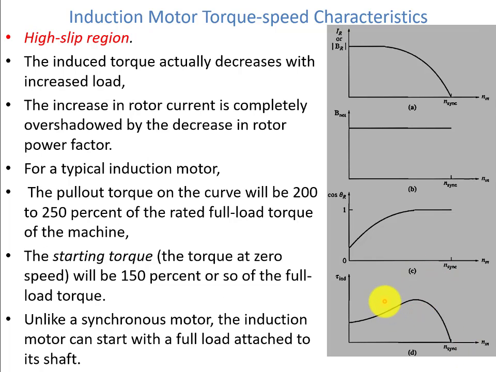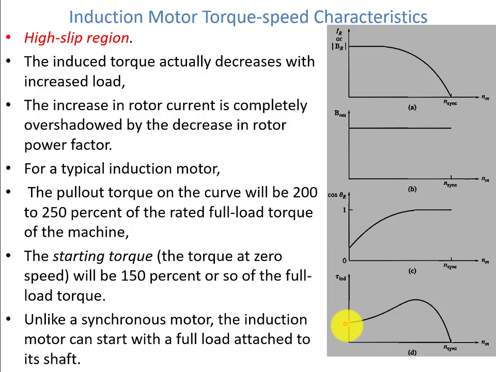Then we have the high slip regions. These high slip regions are the starting points. Remember that we cannot operate the motor at these points over a long period of time, because this is a starting point. So if you say that this is the torque which is produced at the starting, that's why induction motors can be started with the load in the industries.